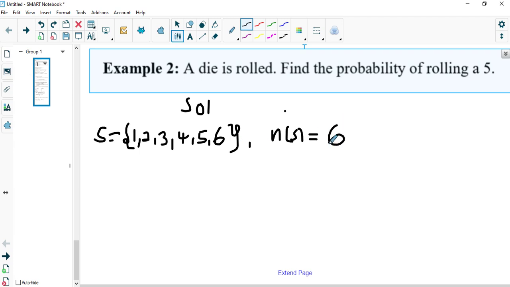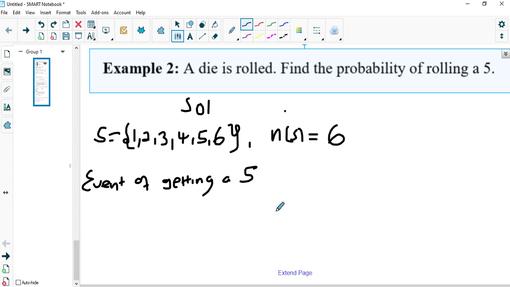All right. So step number 3, we say determine the event. Here the event is getting a 5.